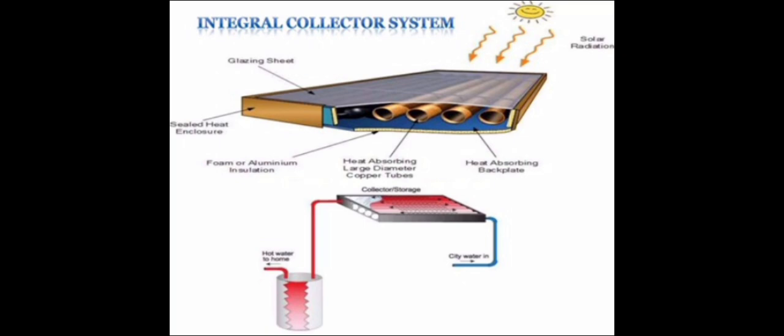Due to introduction of selective coating, stagnant fluid temperature in flat plate collectors has been shown to reach 200 degrees Celsius. Flat plate collectors need to face the sun to obtain maximum sunlight exposure. The inclination angle should be equal to or up to 5 degrees higher than the latitude of the location. This angle ensures optimal heat output through the year.